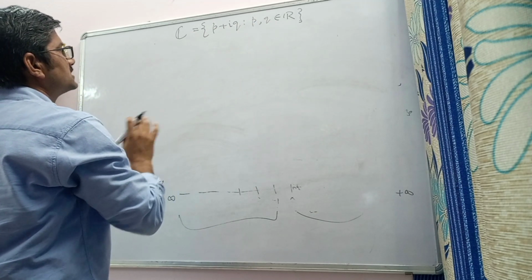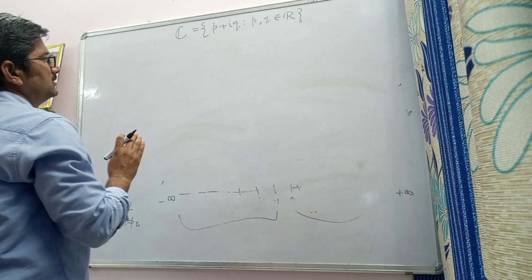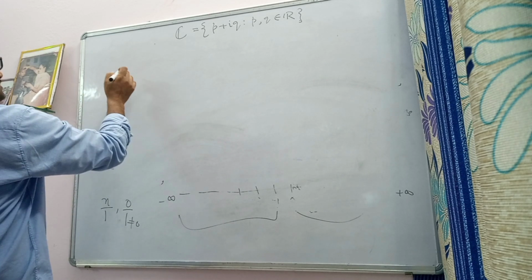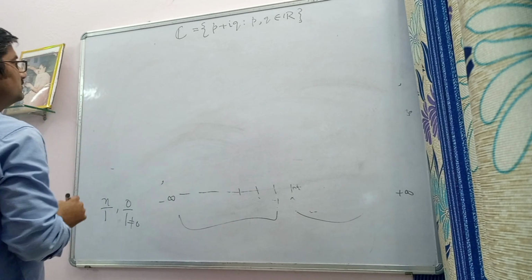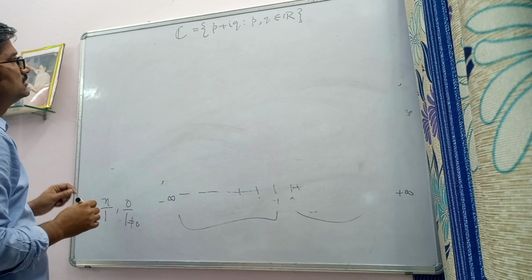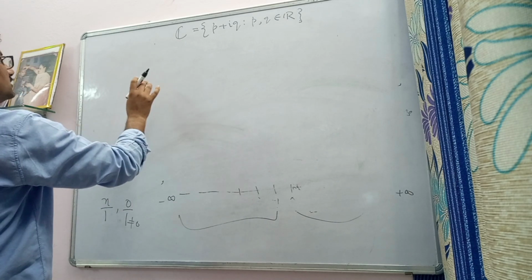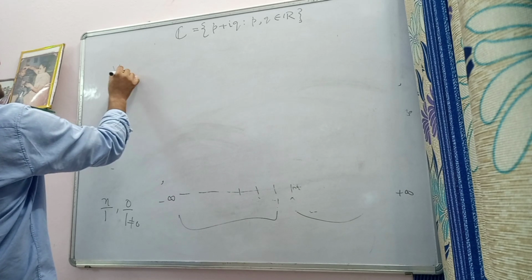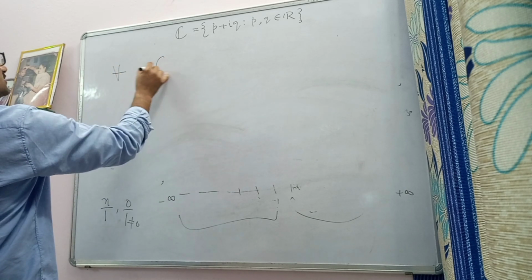Before discussing the different ways to represent a set, we will first discuss some notations or symbols we usually use in set theory. For example, we consider this symbol, which is for all.